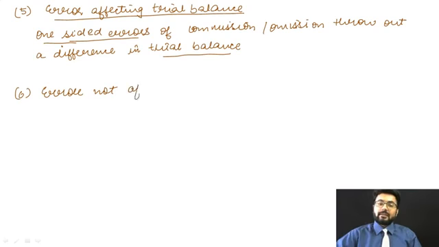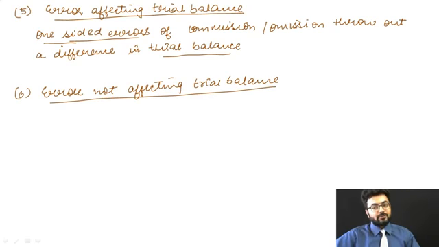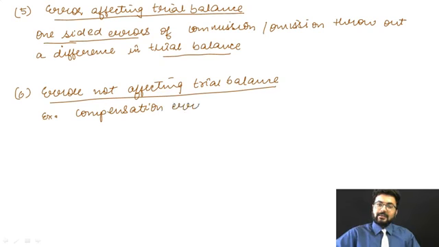Errors not affecting trial balance. So what does this mean? This means that there are a few kinds of errors which are not going to affect the trial balance. Simple. This may include, for example, compensating errors and errors of contingent liabilities.